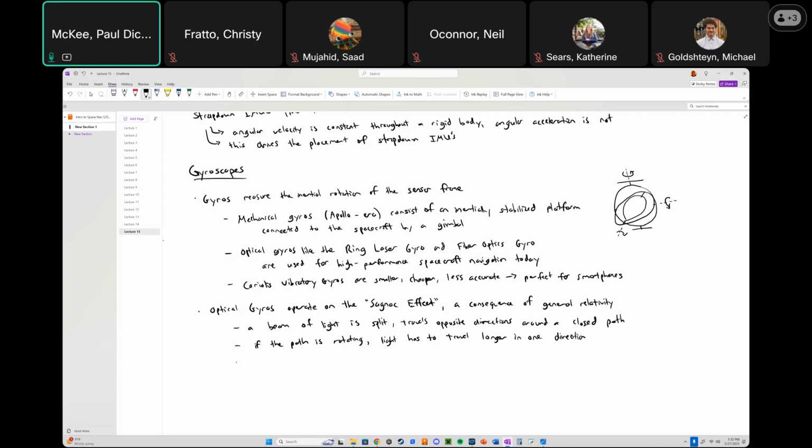So a sensor measures the phase difference between beams of light.